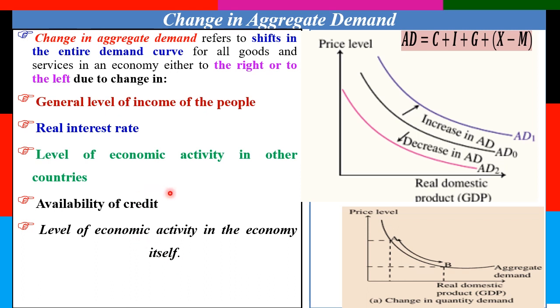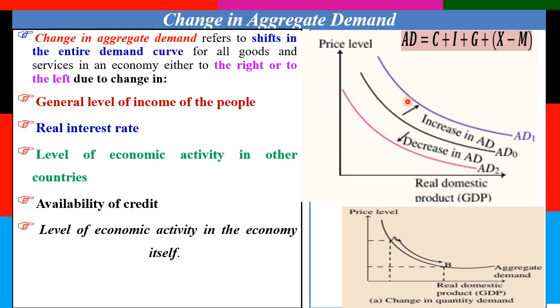Therefore, those are known as what? The demand curve shifters. They shift the aggregate demand either to the right or to the left. Unlike the quantity demand, which is a movement along the same curve, either downward or upwards, due to the change in the price.